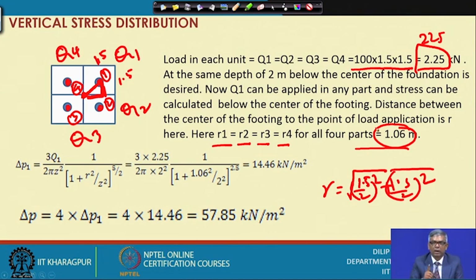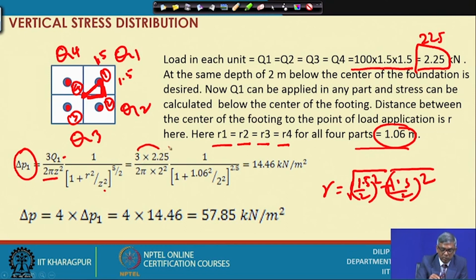So, now I have to apply for, suppose I am considering this part 1 to this point. So, I say the del P1 is 3 Q1 by 2 pi z square, into 1 by (1 plus R square by z square) to the power 5 by 2.